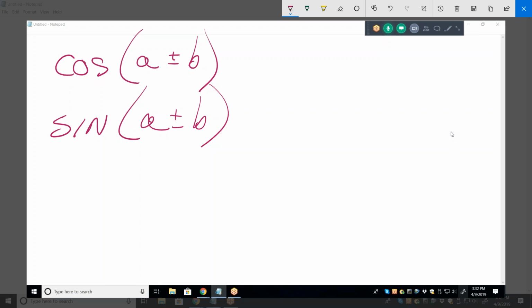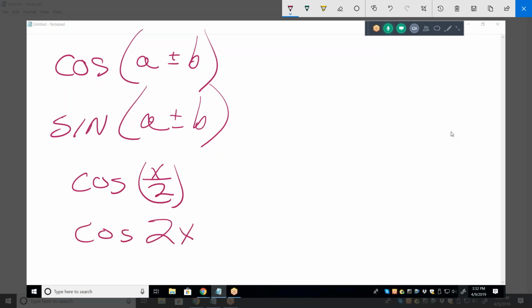I'm not talking about half angles and double angles. In other words, you also need to know what that is, and you also need to know what these are. Those are your basic identities, sine or cosine. In other words, memorize these four.